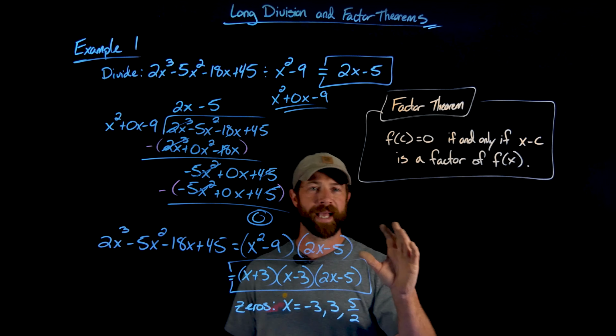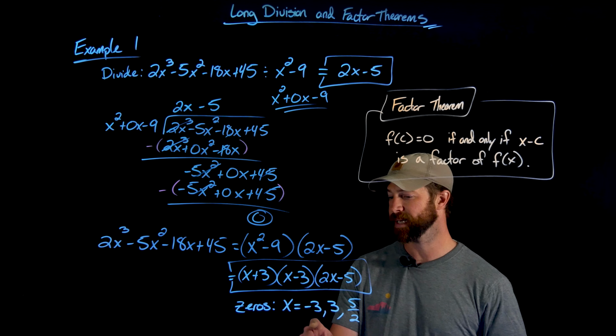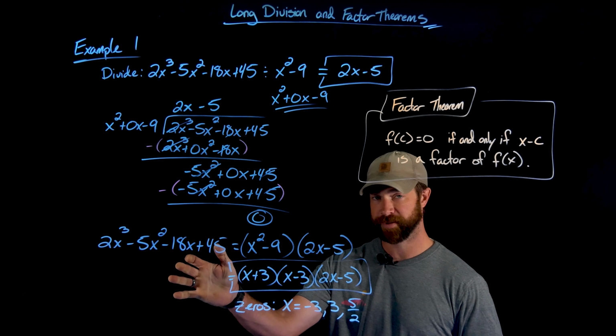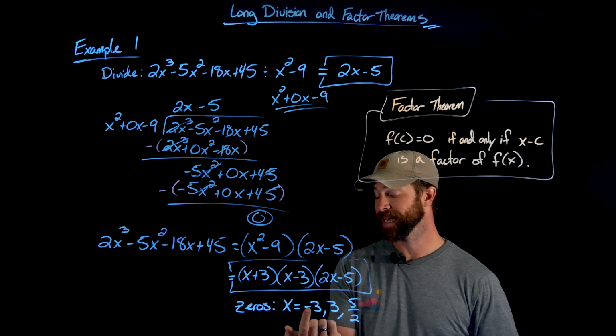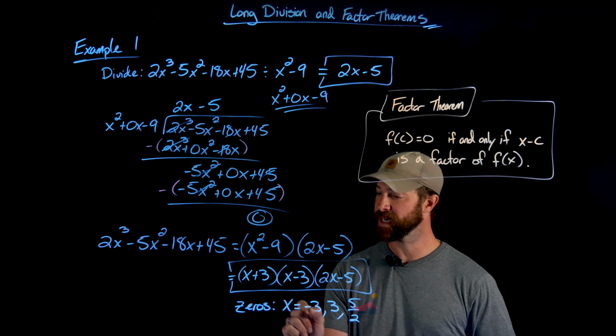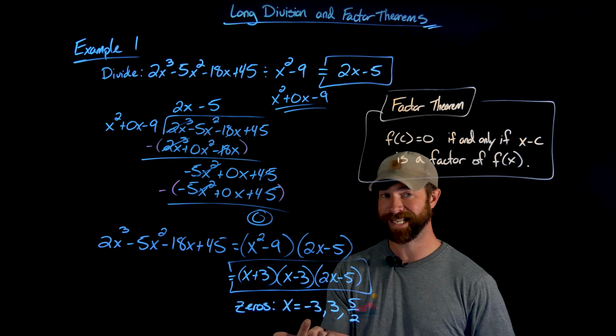And in fact, that's pretty obvious from right here, and I wrote this here, that since x plus 3 is a factor of this polynomial right here, then negative 3 is a 0. And again, I'm saying that because x plus 3 can be thought of as x minus negative 3.